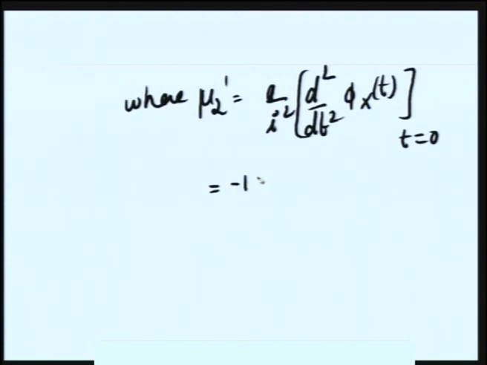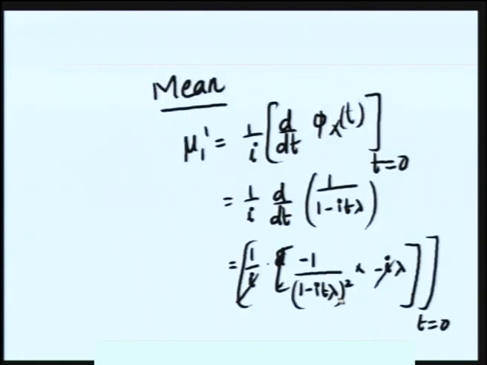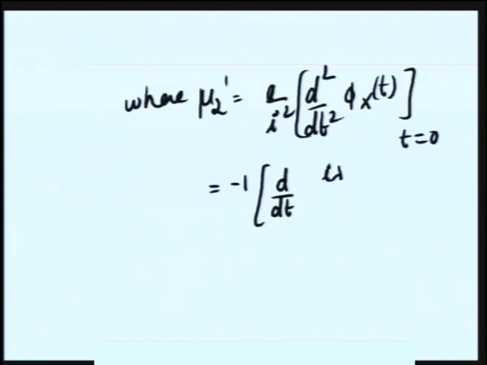So, this is minus of... one time differentiation we have already done, so I will use it, that is iλ by (1 − itλ) whole square. This at t equal to 0. We have to differentiate it one more time.